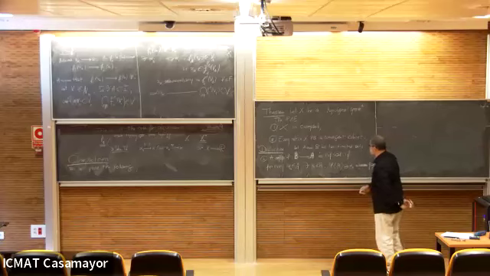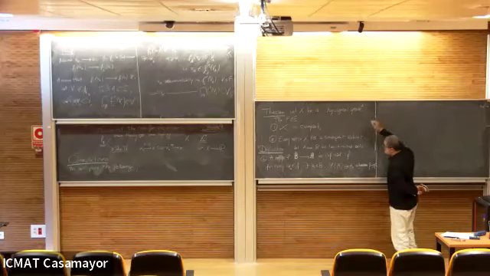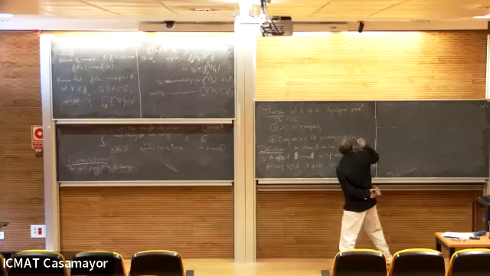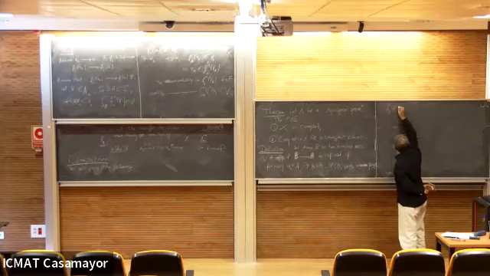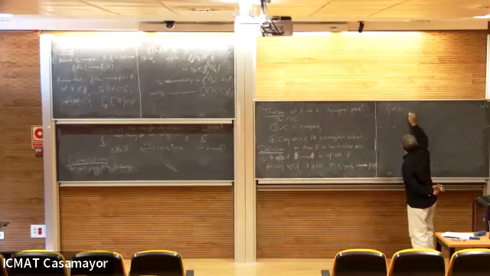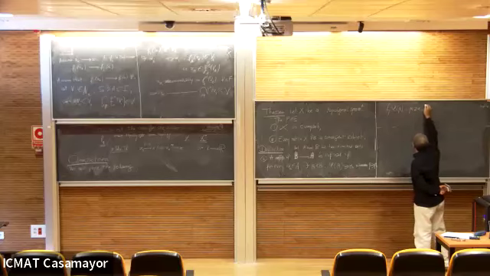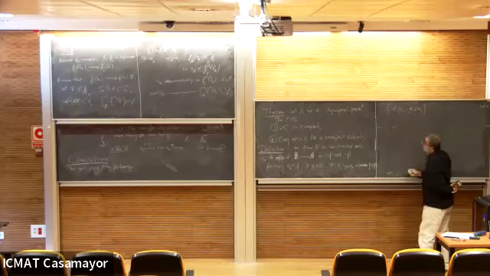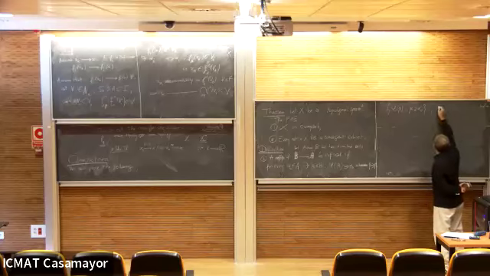This means that if we consider phi beta for beta more or equal than alpha 0, then it is contained in alpha.